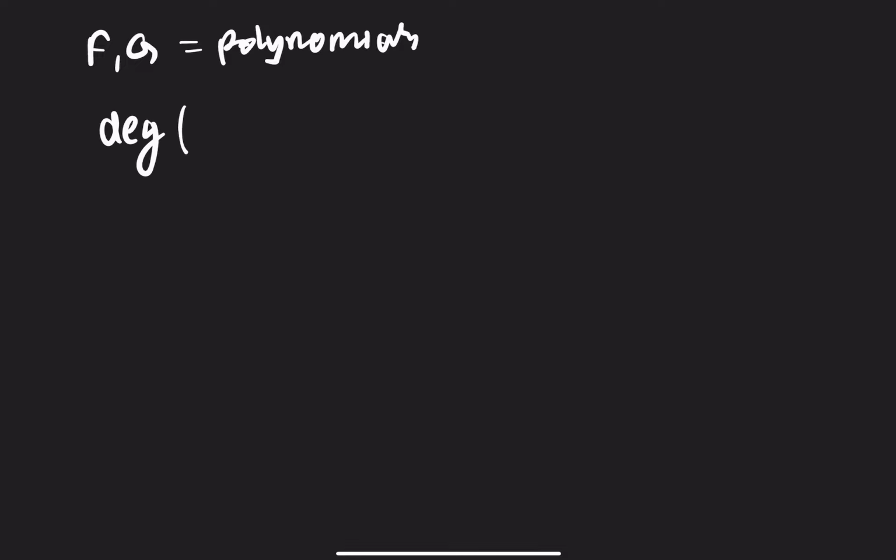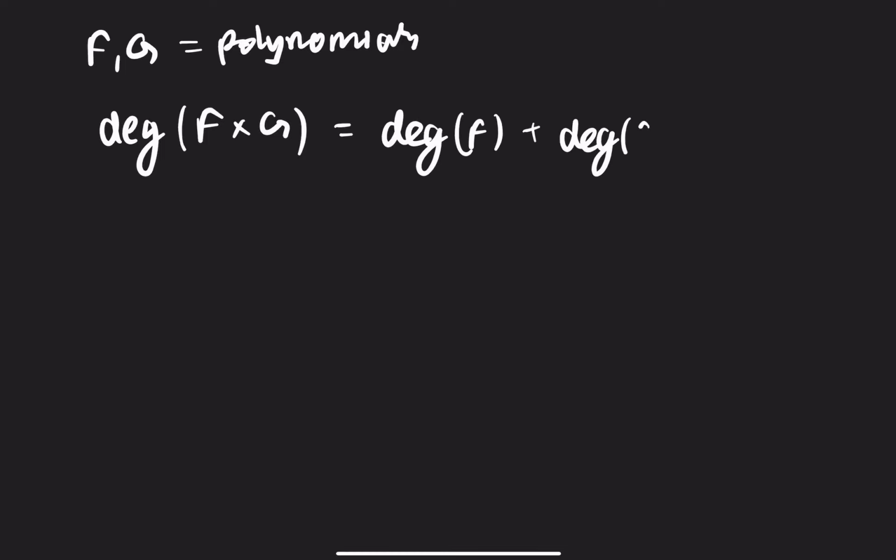The first property that we're going to be looking at of the degrees of polynomials is, if f and g are both polynomials, then the degree of f multiplied by g is equal to the degree of f plus the degree of g.